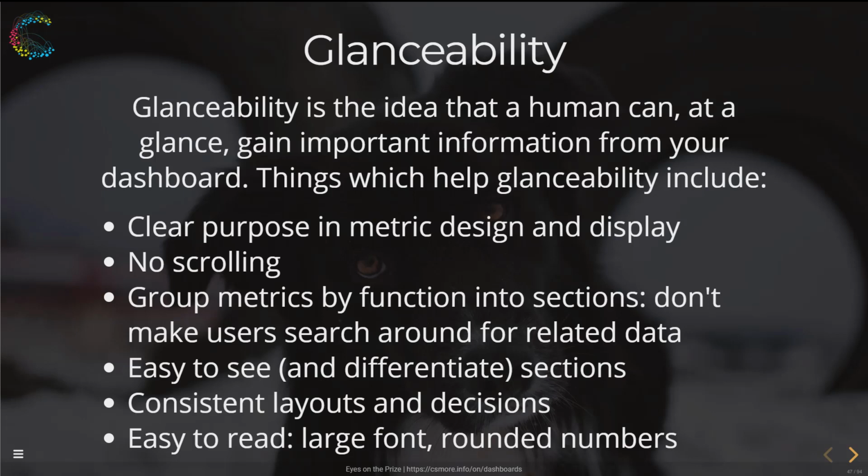We want to group functions, group metrics by function. Have the revenue metrics be together, the cost metrics be together. Don't make a person look in the top left for one cost measure, bottom right for another, and then middle in for the third. We want to differentiate sections.